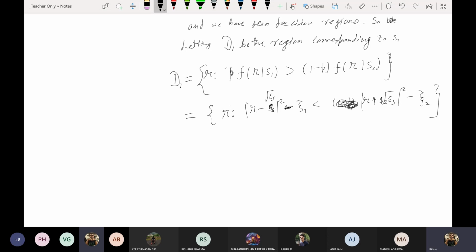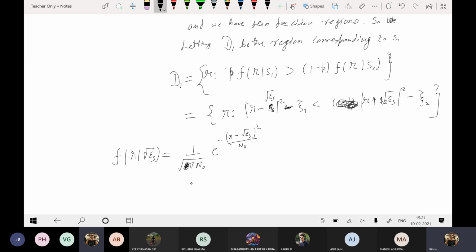So let's calculate f of r given Es equals 1 over root of 2 pi, so again root over pi N0, because the variance is N0 by 2, e to the minus (x minus root Es) squared.